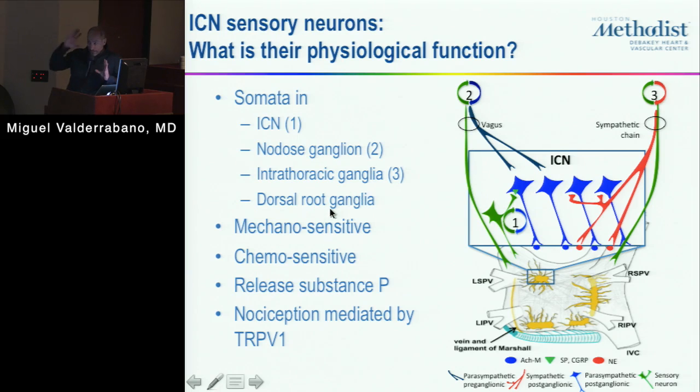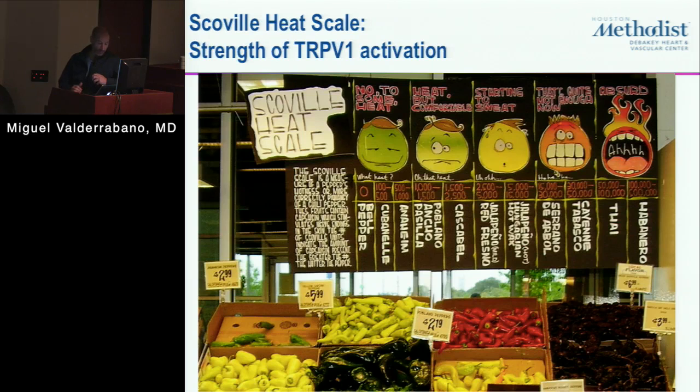They communicate up with integrating centers of the central nervous system, and they're mechanosensitive, chemosensitive, and release substance P. The chief receptor that mediates their activation is TRPV1. TRPV1 is ubiquitous in sensory neurons. It responds to heat, to touch, and to other things, and is what we have in our tongue when we eat something spicy. So TRPV1 gets activated by spicy stuff.